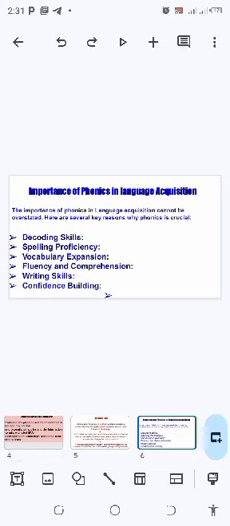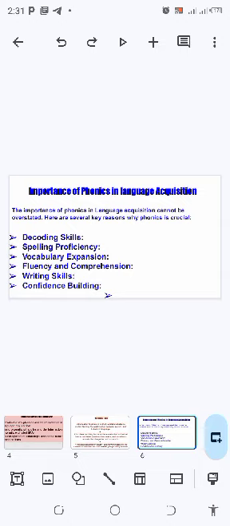Now, what is the importance of phonics in language acquisition? To acquire language, why do we need phonics? Simple. Phonics is needed for the following reasons, and these reasons are very crucial. One, decoding skills.